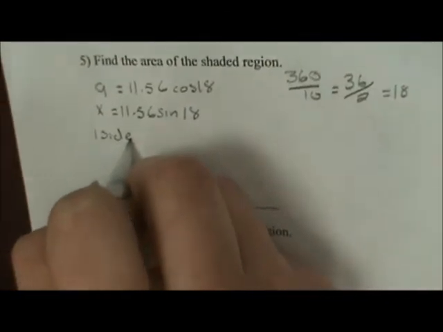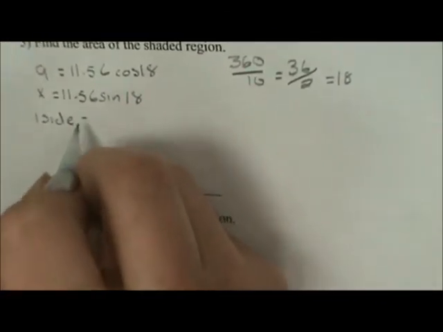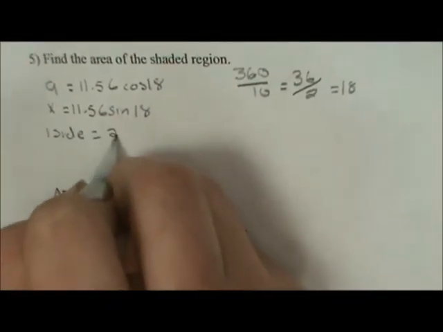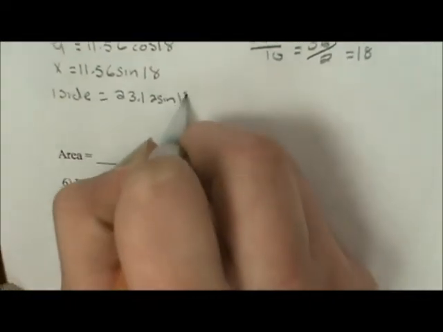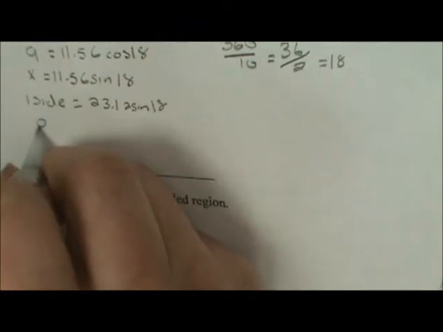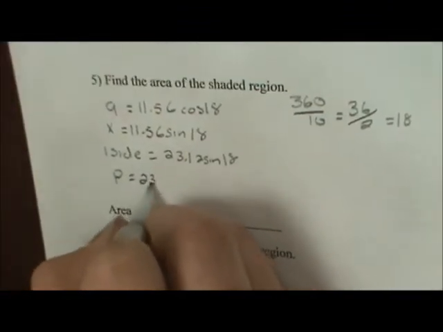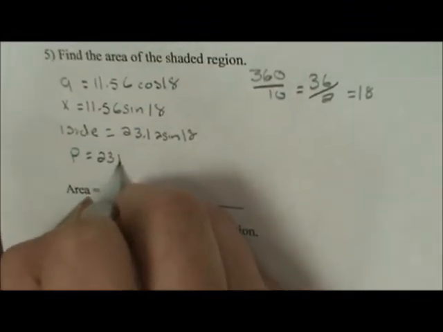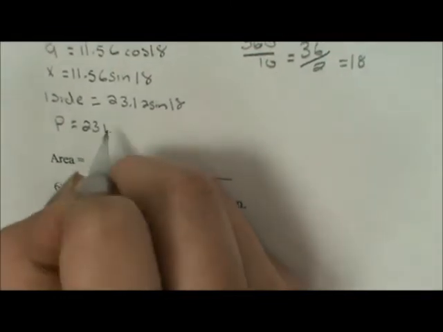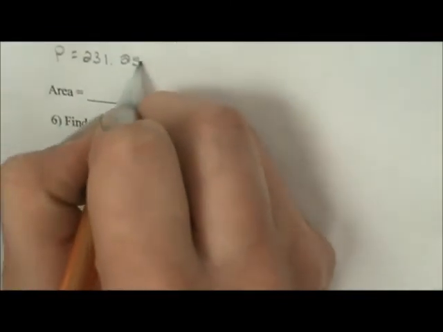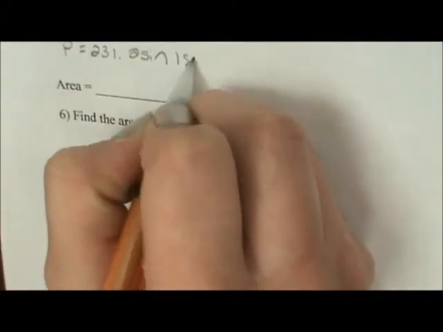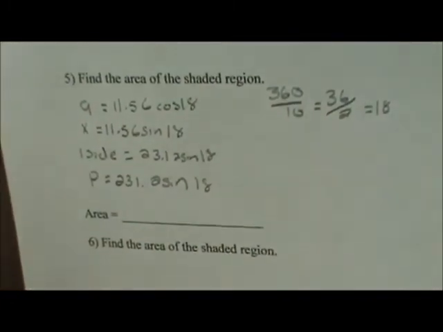Then a side equals 23.12512 sine 18, and P equals 231.2 sine 18.